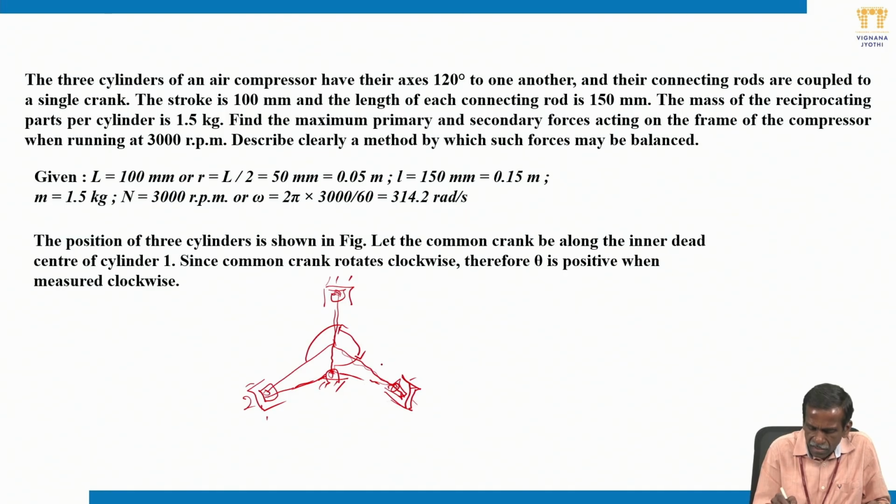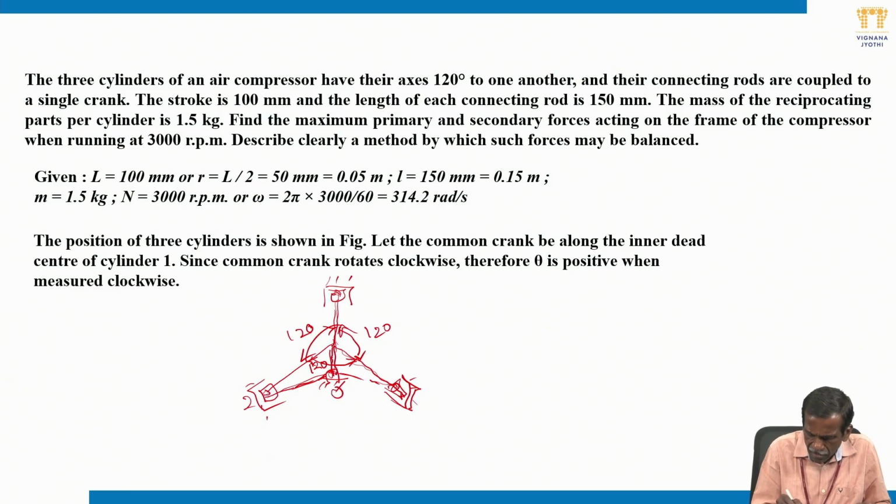This is the connecting rod, this is the connecting rod, this is the connecting rod. If you join with the shaft, then the cylinders are placed at 120, this is 120, this is 120. This is the crank, right?